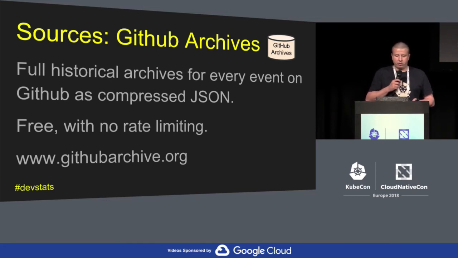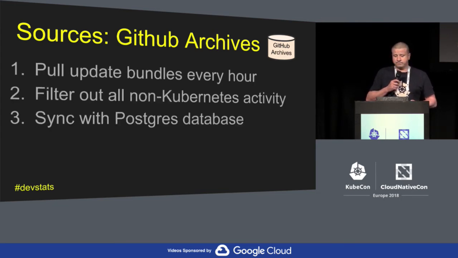GitHub Archives is free with no rate limits, and it's available on gharchive.org. They release every single event that happened on GitHub during a given hour. All the events are packed into a multi-JSON array, which is zipped. We download this every hour and filter out non-Kubernetes events, or for example non-Prometheus events for Prometheus, and so on. We put all the results in the Postgres database, where we have the full historical state of every single event.